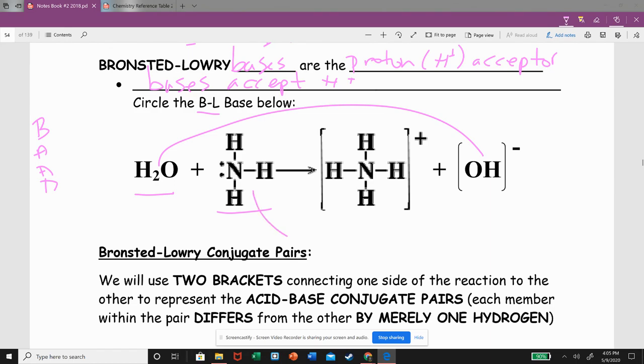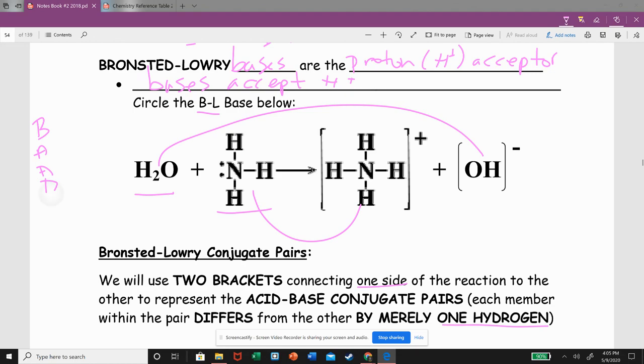And then NH3 and NH4 are partners. They only differ by 1 hydrogen. We call them pairs. We call them conjugate pairs. And we're going to use brackets, just like I did, or lines, to connect one side of the reaction to the other side, and they merely differ by 1 hydrogen.